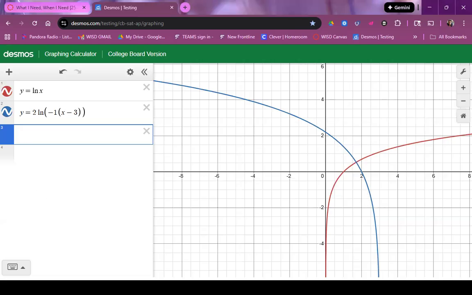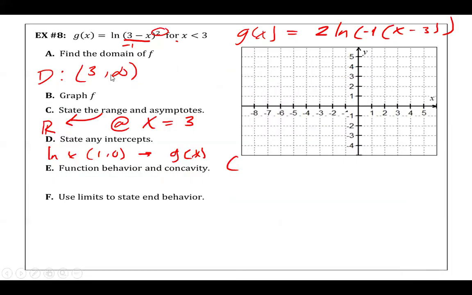Going back to what we had, it was reflected because we did not pay attention to the fact that we had a -1. So now we're at negative infinity to 3.